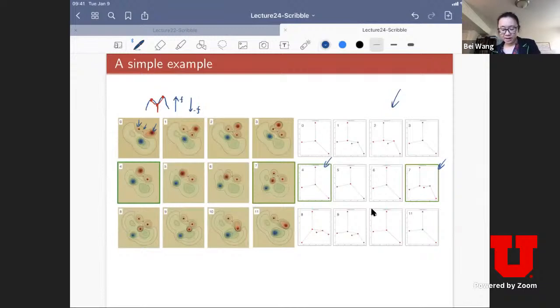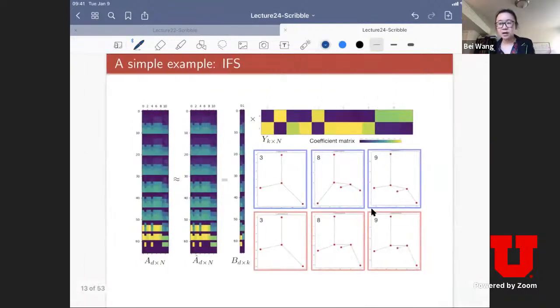Why do I say that? If I go back to the matrix formulation, let's say each of those input merge trees is converted to a high dimensional vector. This is how the high dimensional vectors look, because I have exactly 12 trees. Each column in my matrix A corresponds to a high dimensional vector that encodes information of each of those input trees.